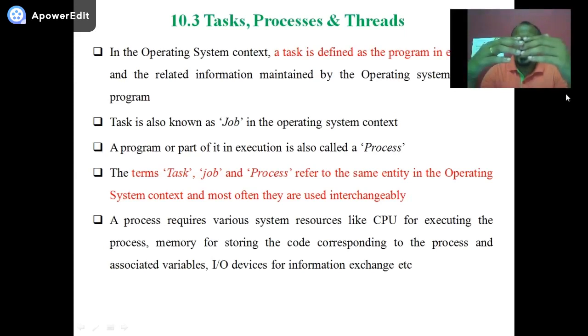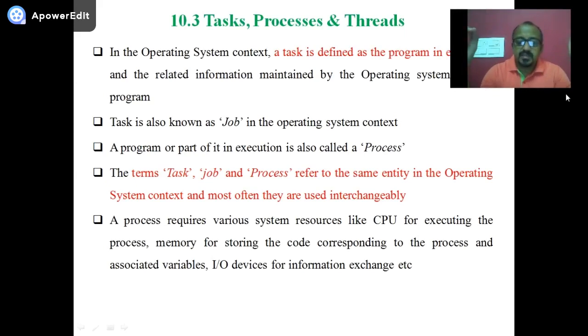Most often in an operating system context they are interchangeable and used for each other. The process, the task or whatever, requires various system resources to execute.